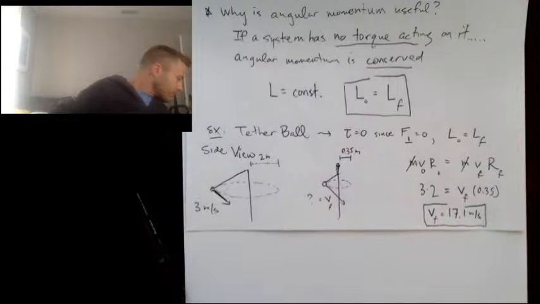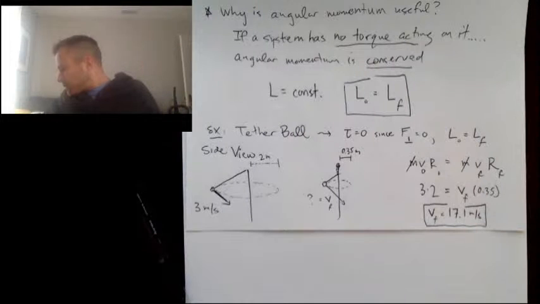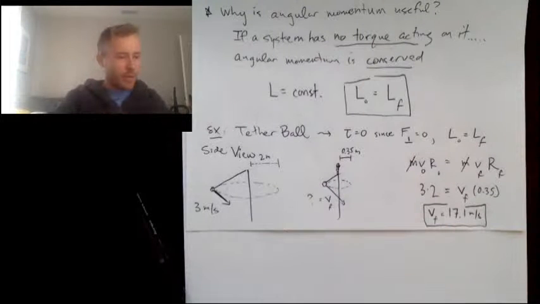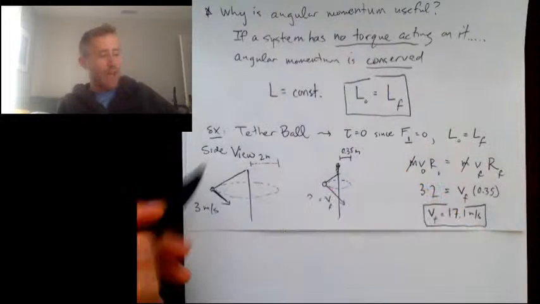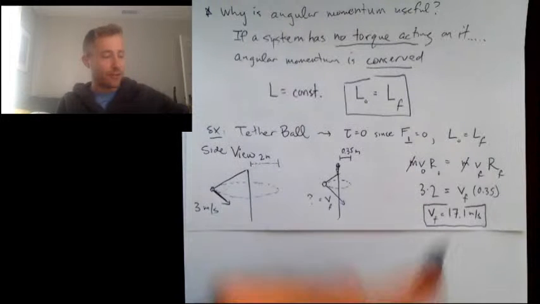I was looking for something to demonstrate this phenomenon. Oh, I have an HDMI cable. Okay. So basically, what this is saying is as the thing winds up, it goes faster.